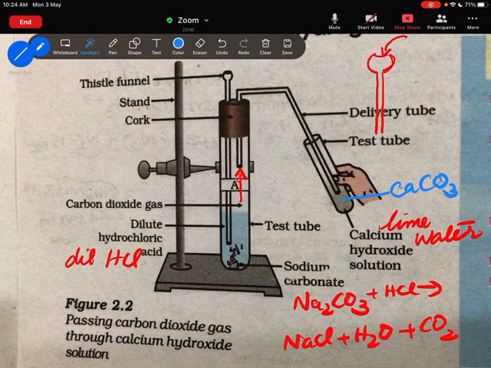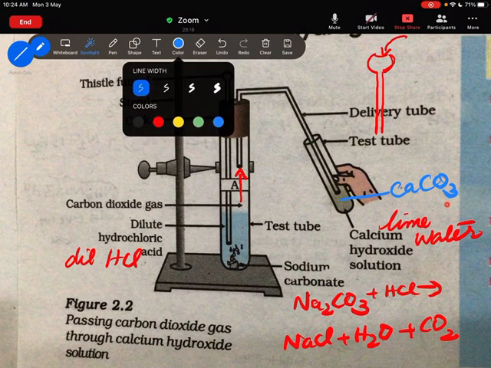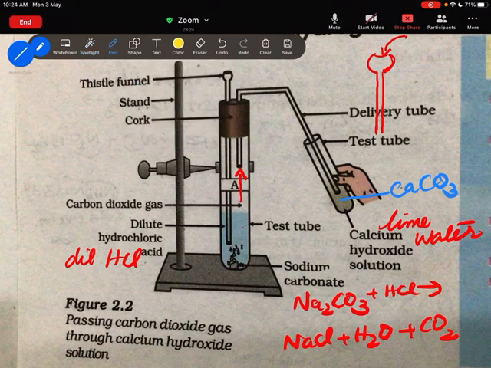But if you pass this carbon dioxide for a longer time, meaning excess carbon dioxide, then this calcium carbonate will change to calcium bicarbonate, Ca(HCO3)2. This is soluble. Calcium bicarbonate is soluble, so we see the milkiness disappears.